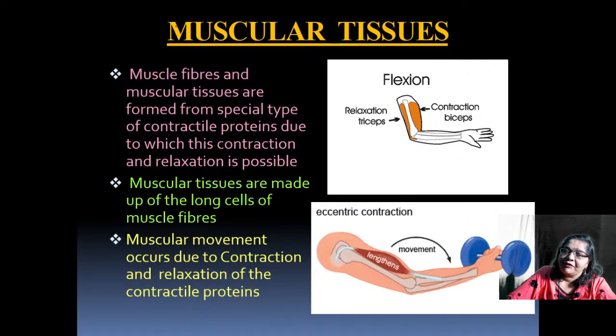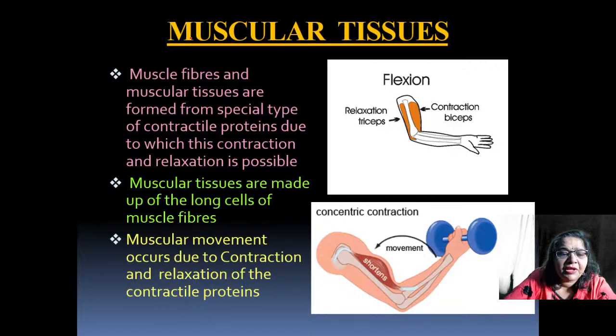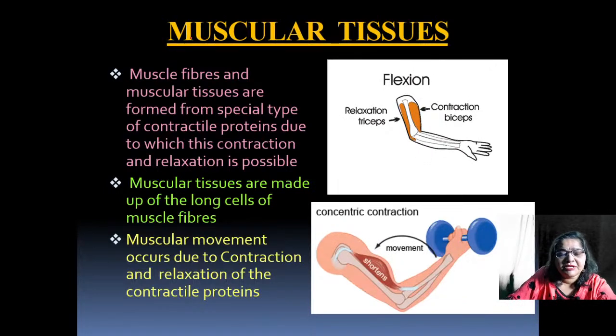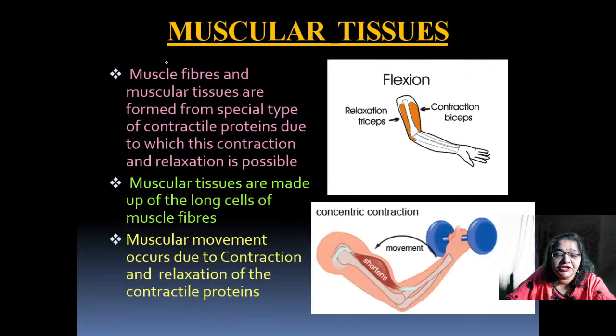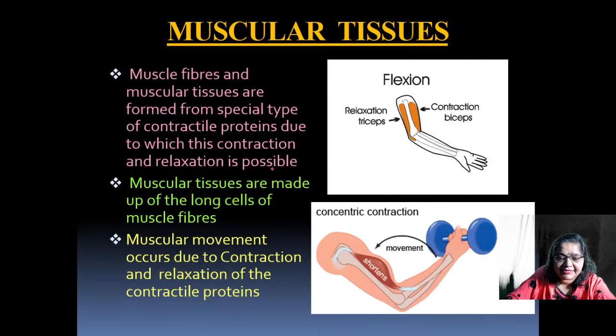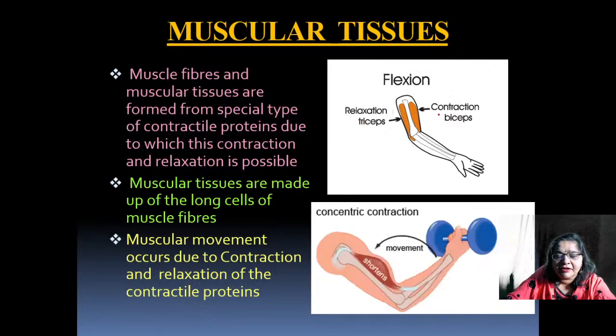Right, the next type of animal tissues are the muscular tissues. The muscular tissues are formed by a special type of proteins called contractile proteins, which help in contraction and relaxation of the muscles.